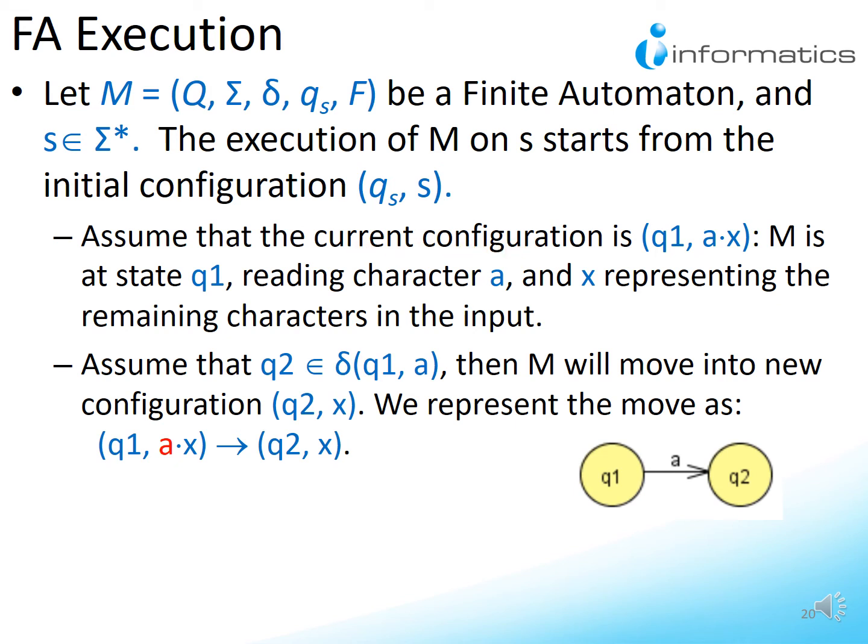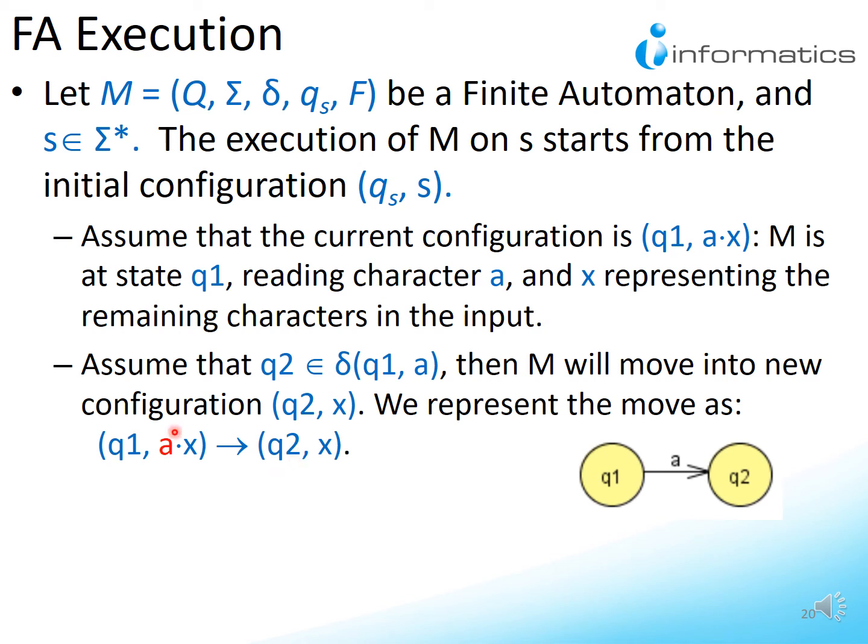Assume that the current state is Q1 and the first character in the input is A, and the remaining characters are X. In other words, all the characters inside the input reader are A concatenated with X. A is a single character and X is a string. We assume that the transition function brings Q1 to Q2 when the next input is A. So in the state Q1, it reads the character A and goes into Q2.